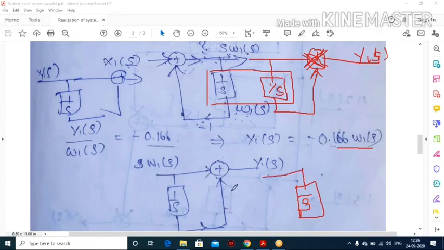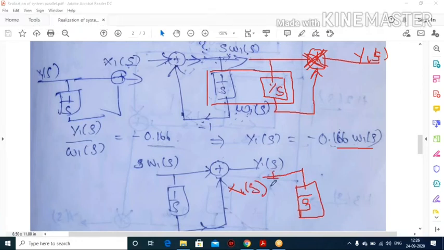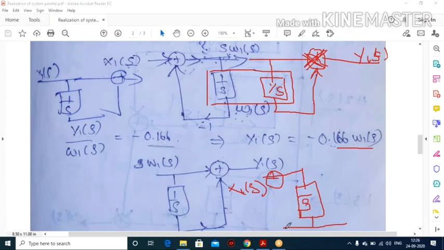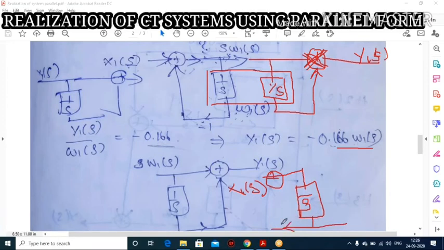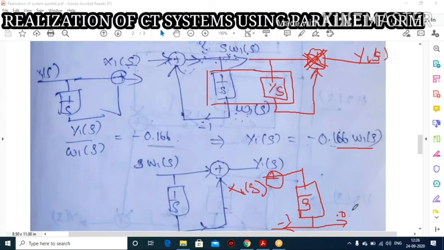Okay, so the input part is X1 of S. I put here the input part X1 of S. Here you already have an adder block, so I joined here. Now from this point I split into two portions. One is a constant multiplier of -1, and the other, on the right hand side, has minus 0.166.